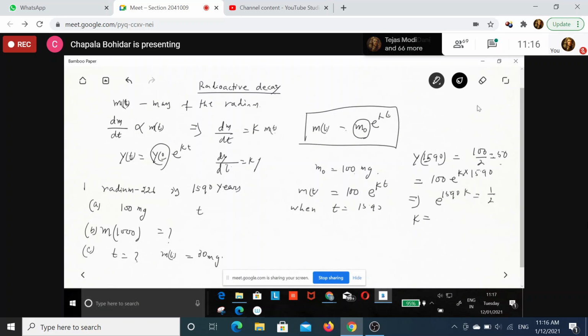I can write it as minus ln 2 divided by 1590, because ln of 1 by 2 is ln 1 minus ln 2, and ln 1 is 0. So it is minus ln 2 over 1590.